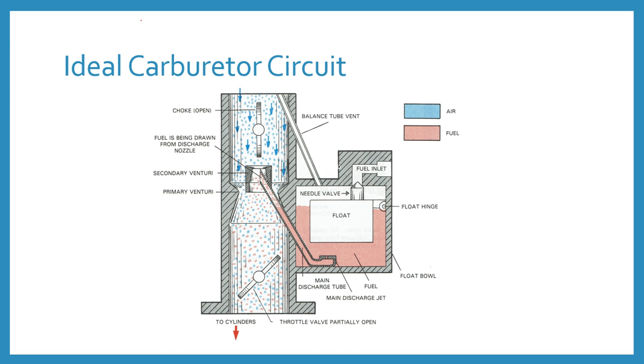So the fuel particles are swept into the bypass passage by the ongoing air, and then the air and fuel mixture from the bypass passages goes to the idle port, from where it is drawn into the intake manifold.